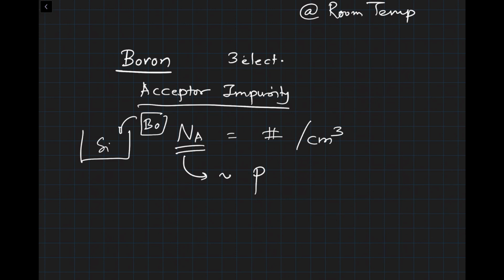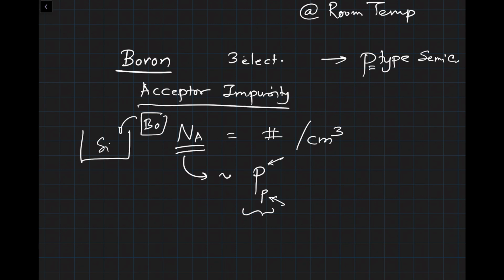Holes are denoted by P, and since we are adding boron, it's a p-type material. Also, as I said, this is a p-type semiconductor. So this P denotes p-type and this P denotes the hole concentration.